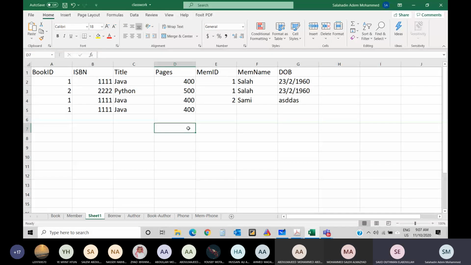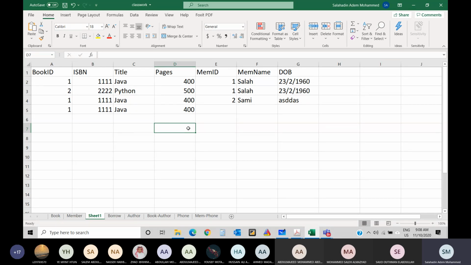So what do you think the solution is? To break this table into how many tables? Into 3. One book, one member, and one record, for example. Exactly. In fact, we should have not 1 table, but 3 tables. One table should only contain the books, no borrowing details whatsoever.